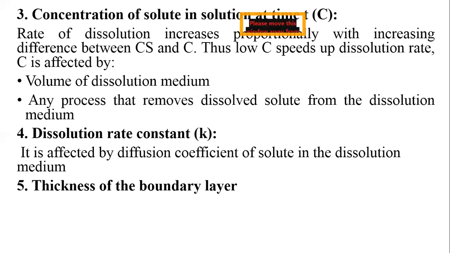The thickness of the boundary layer is affected, for example, by degree of agitation. As the degree of agitation is increased, the thickness of the boundary layer will decrease, and in this case, the rate of dissolution will increase.